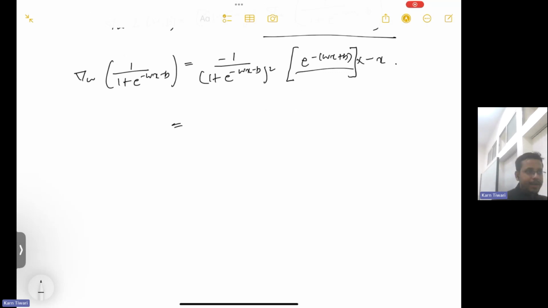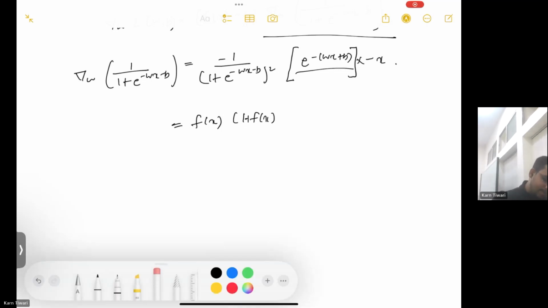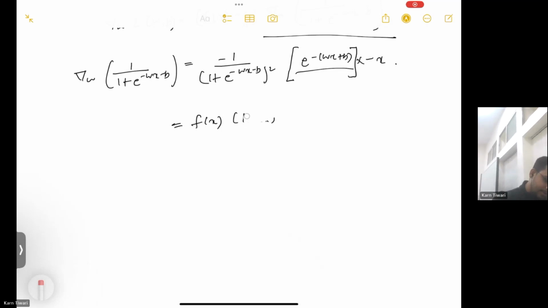You can simplify it as f of x times 1 minus f of x times x.